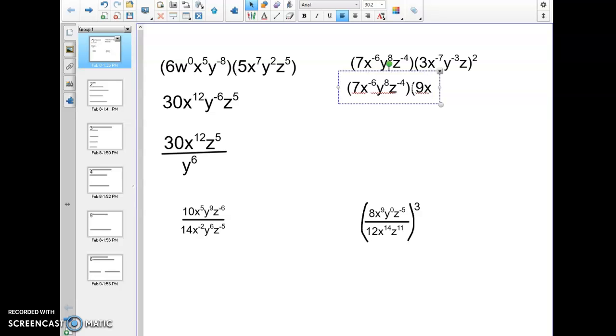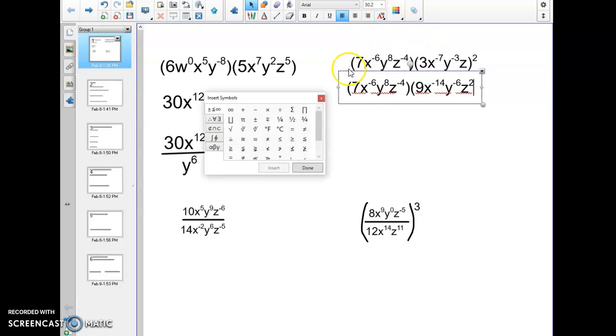We're squaring the 3. X to the negative 14th. Y to the negative 6. And z squared, because the exponent, if it's not written there, is assumed to be 1. And 1 times 2 is 2.